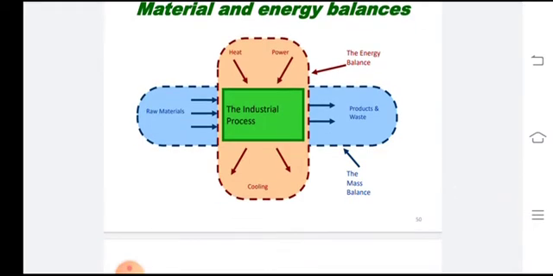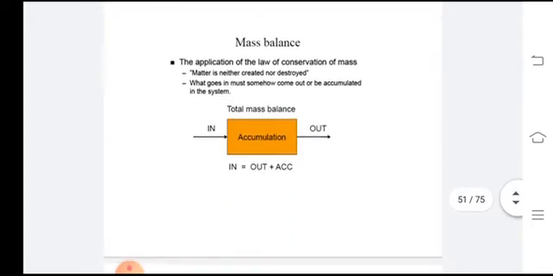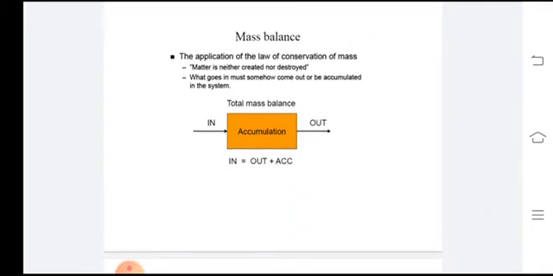We must see what material is entering, how it is behaving, how much is consumed, how much is converted to the product, how much to the byproduct, how much is being wasted. So we must quantify. This is called the material and energy balance. This is the general formula for it.